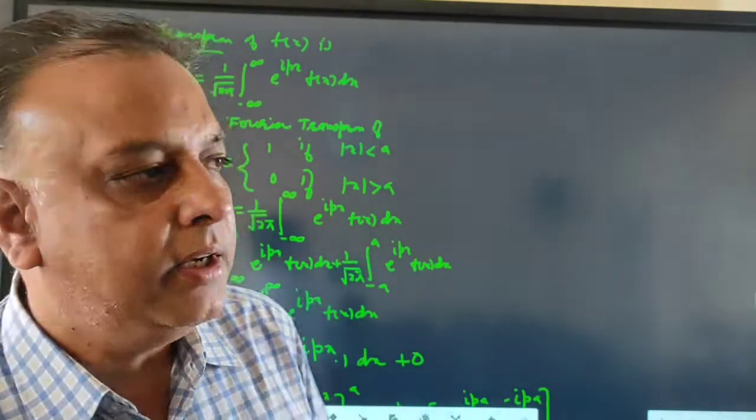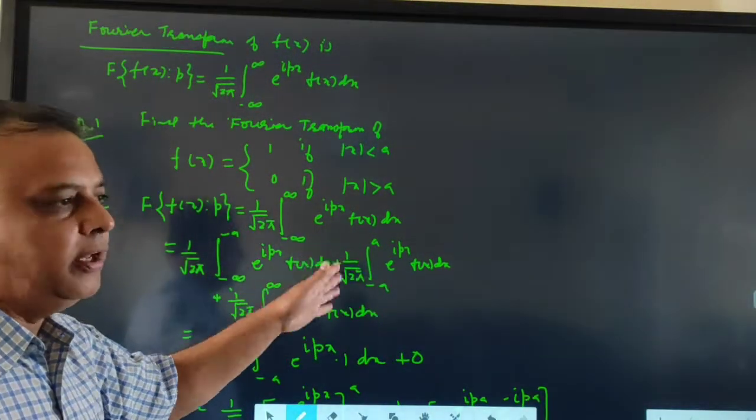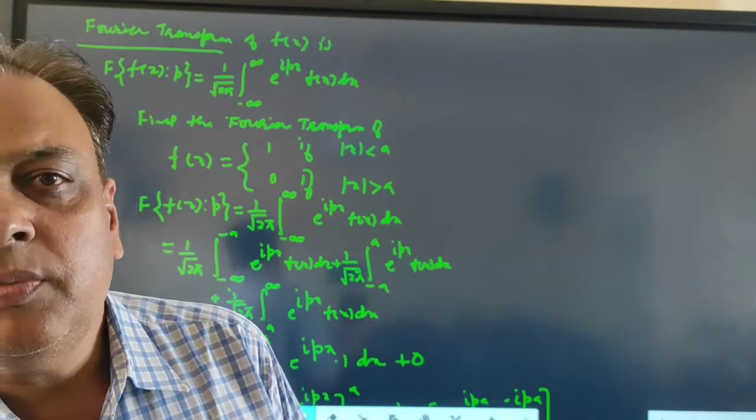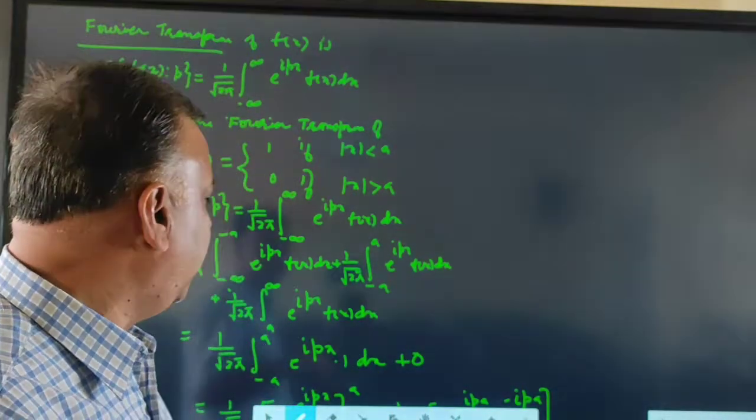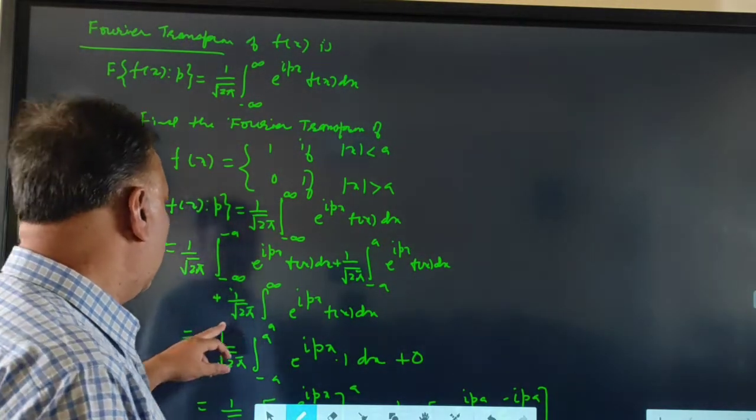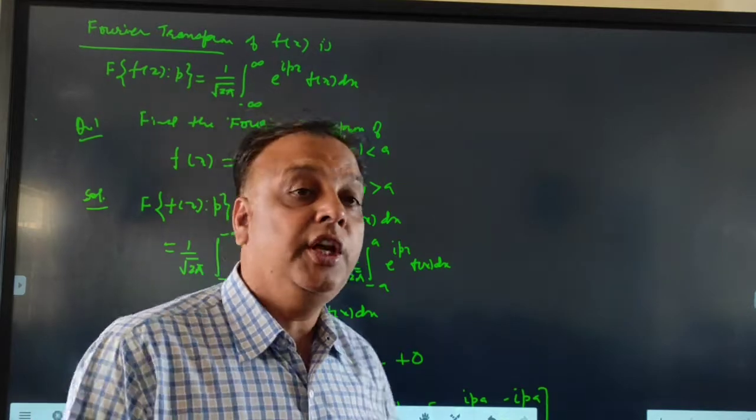As the function is given, the value of the function is 1 if x lies between minus a and plus a, otherwise the value of the function is 0. So the only interval which survives is the integral from minus a to a.